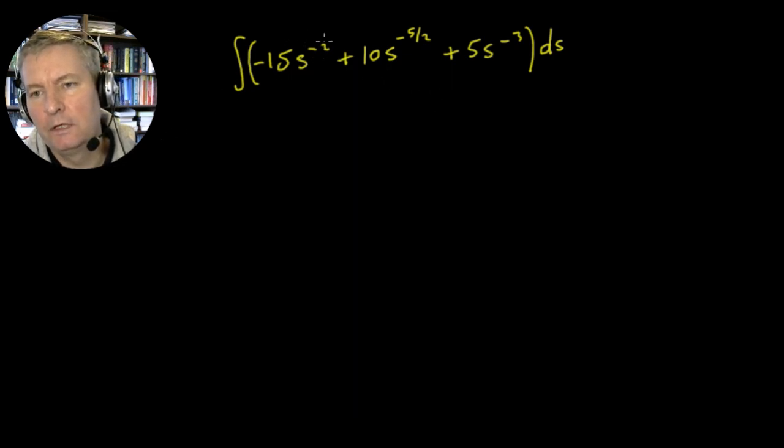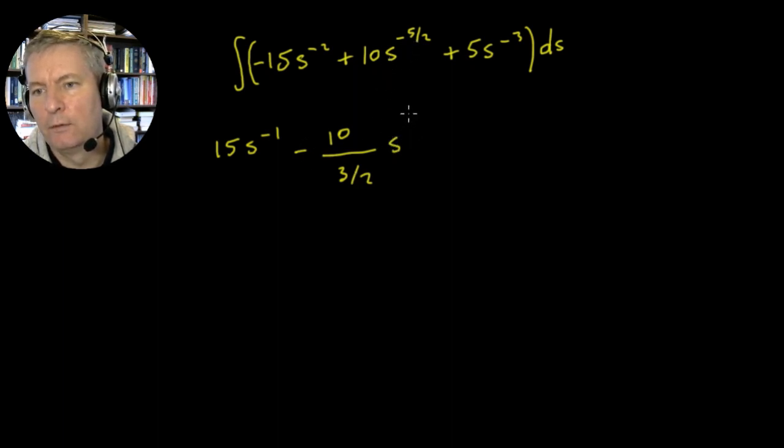So that's going to be, we add 1 on to the power, becomes minus 1. The minus cancels out with the minus. We'll have 15 s to the minus 1. And this one here we add 1 on, so that's going to be minus 3. So it's going to be 10 upon, and it's going to be the 3 upon 2 and a minus sign here because it's minus 3 upon 2.